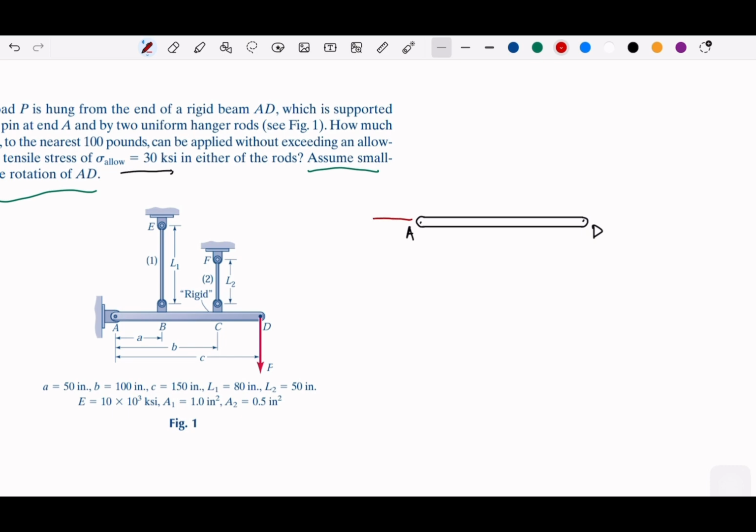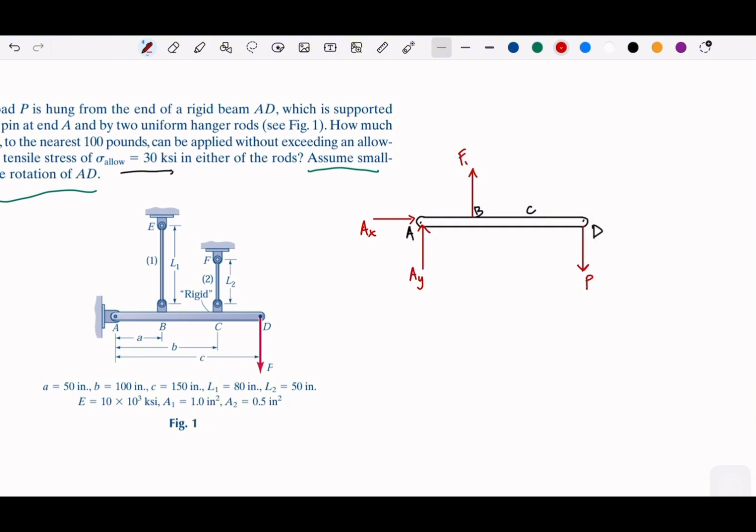So we get AX and AY. Here is the P, and then this will be B, this will be C, and at B we have, let's say at B we have a tension here.